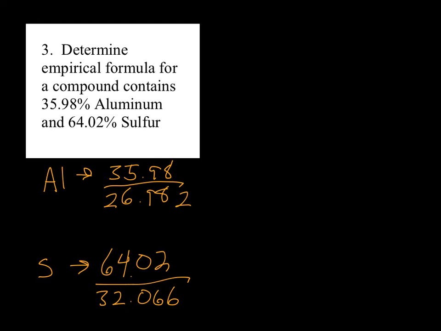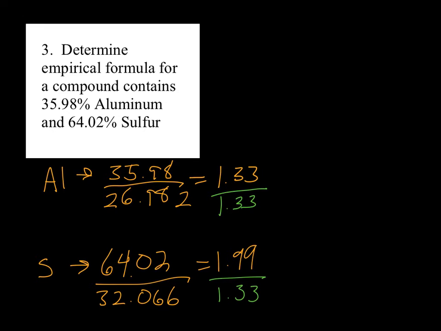So I take those and I do that division. And that gives me a number here of 1.33 for aluminum. And that gives me an answer of 1.99 for sulfur. So now what I do, after I have divided the mass that they gave me by the mass on the periodic table, I'm going to divide each of these by the smallest number, which is 1.33.